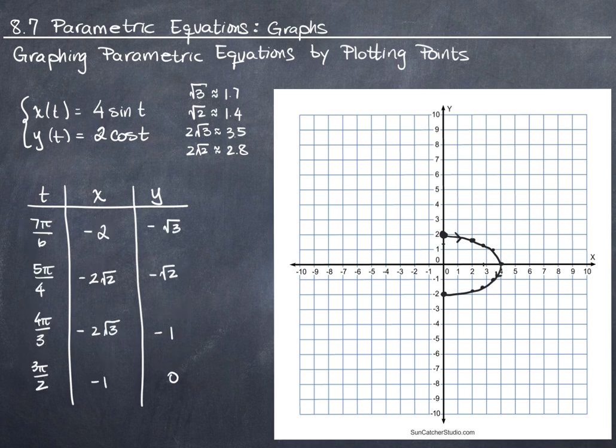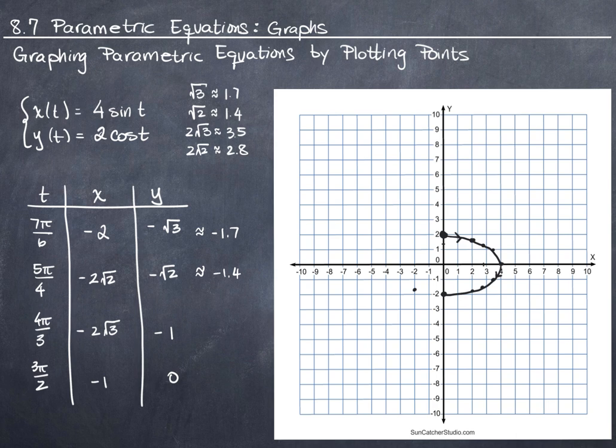In quadrant 3, we have, oh, I forgot to put my approximations in here. So negative square root of 3 is negative 1.7. Negative square root of 2 is negative 1.4. That's going to be enough. All right, so I have negative 2, negative 1.7, so that's about there.